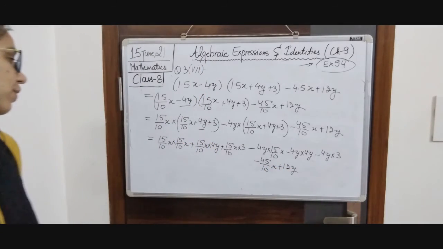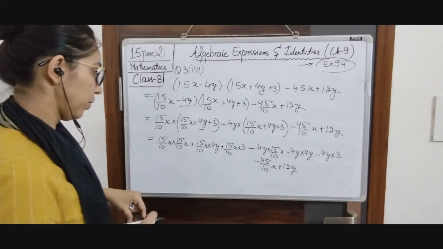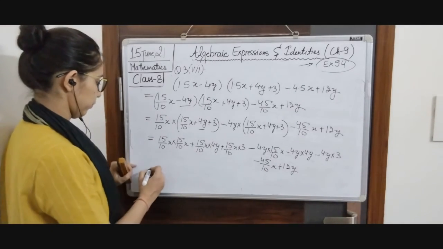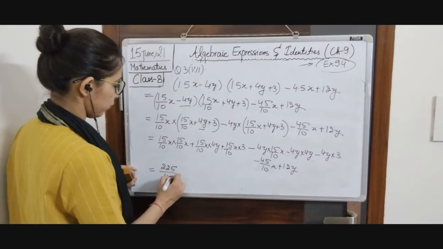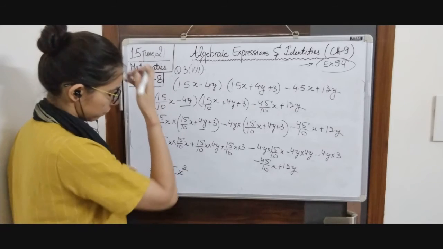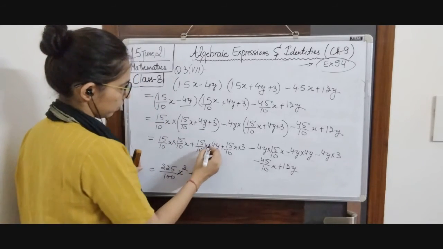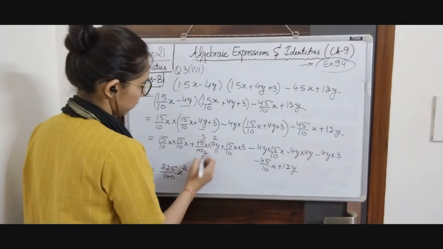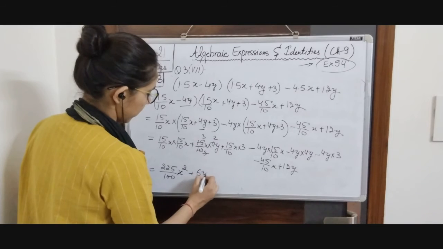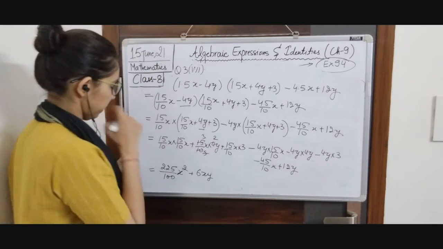Now I am going to combine. 225, I am going to multiply the coefficients, x square and the variables also, plus 15 times 4. It is going to be 2 fours are 8, 2 fives are 10, 5 threes are 15, 6xy.